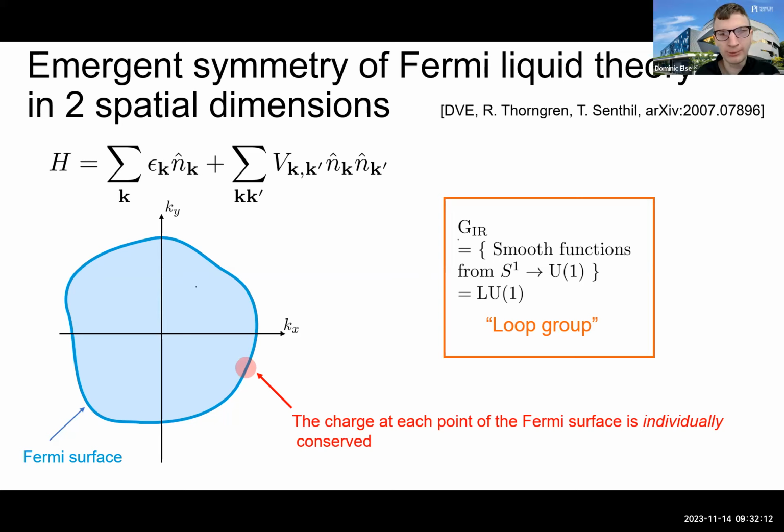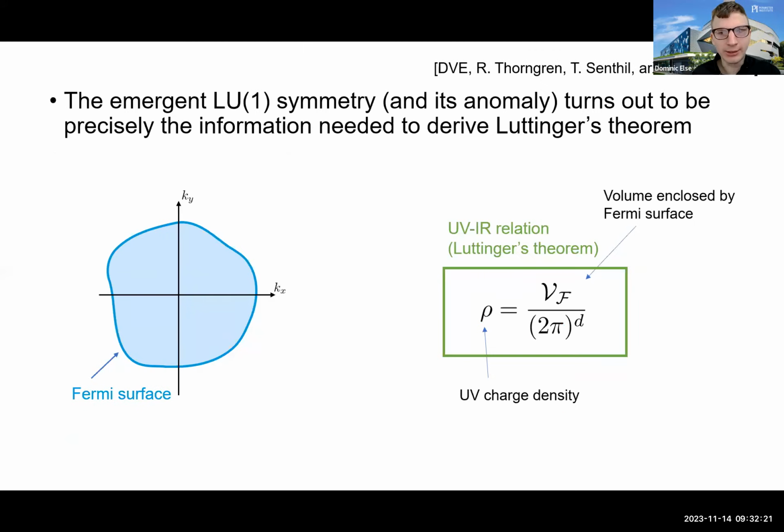And then this loop group also has an anomaly. I won't get into exactly how we define that. And it turns out that the fact that you have this emergent LU(1) symmetry and anomaly is precisely what allows you to derive Luttinger's theorem. That's what we showed in this paper.